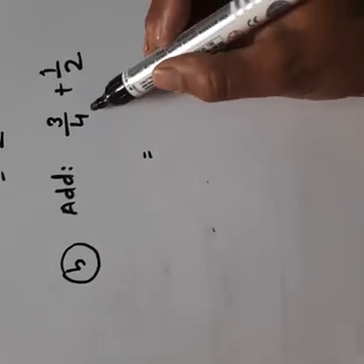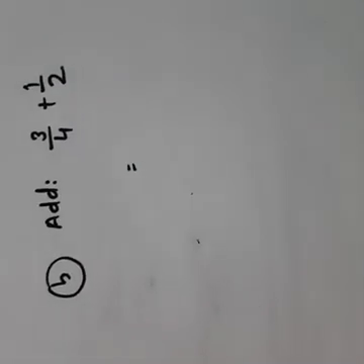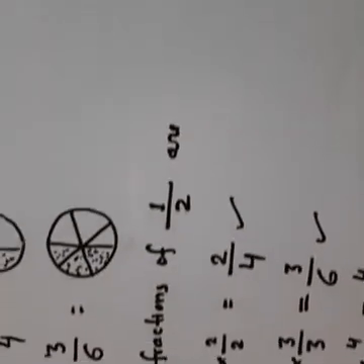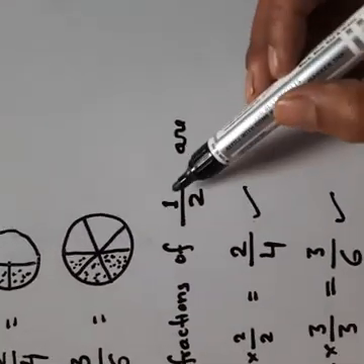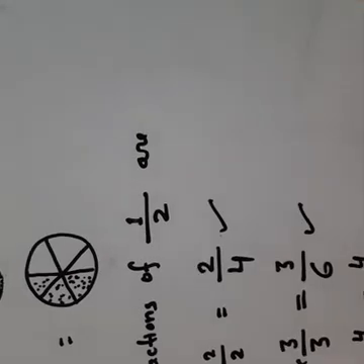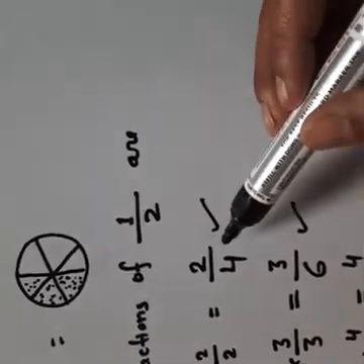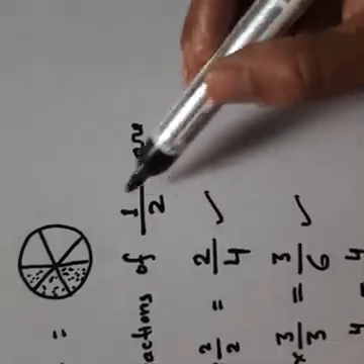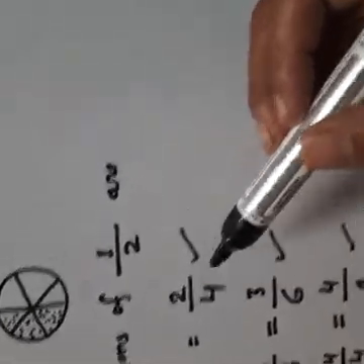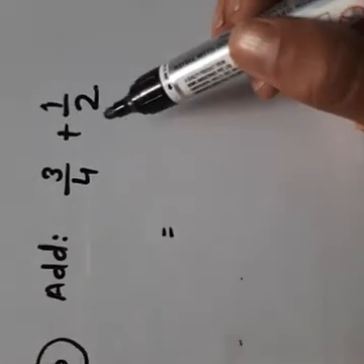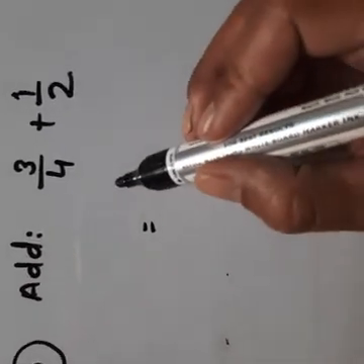First of all, we have to make the denominators equal. And how can we make the denominators equal? You know, students, 1 upon 2 is equal to 2 upon 4, as we did in the previous example. So in place of 1 upon 2, we can use 2 upon 4.